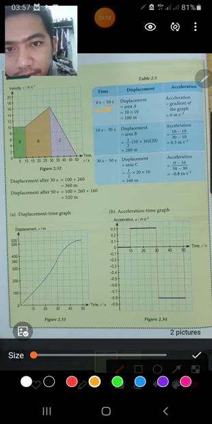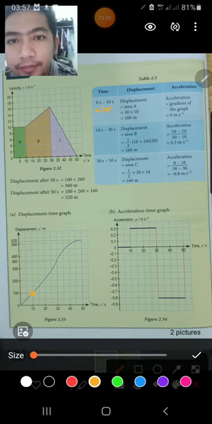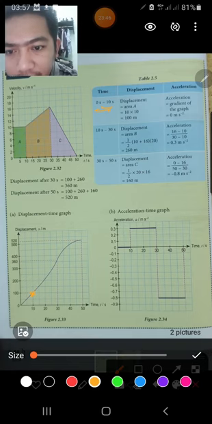Up to here the displacement is 100. So you mark X. Okay, from 10 to 30, meaning at 30, the displacement is 260. 260 plus the previous, so 360.